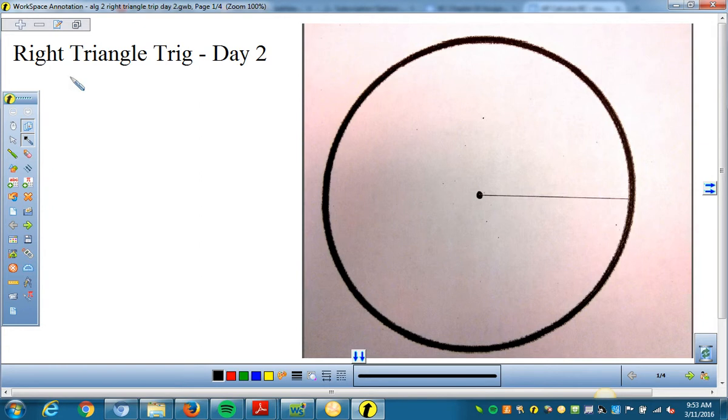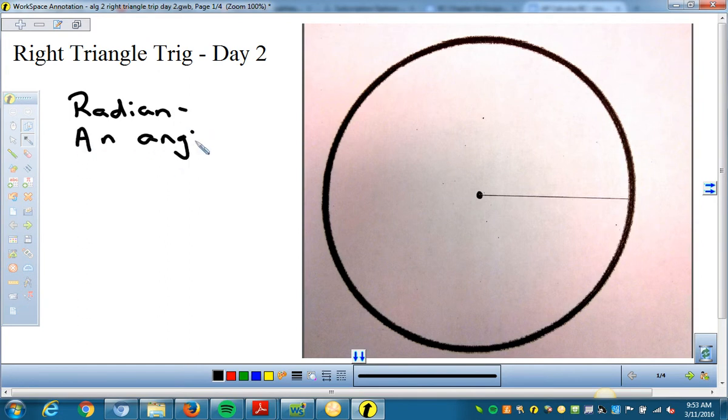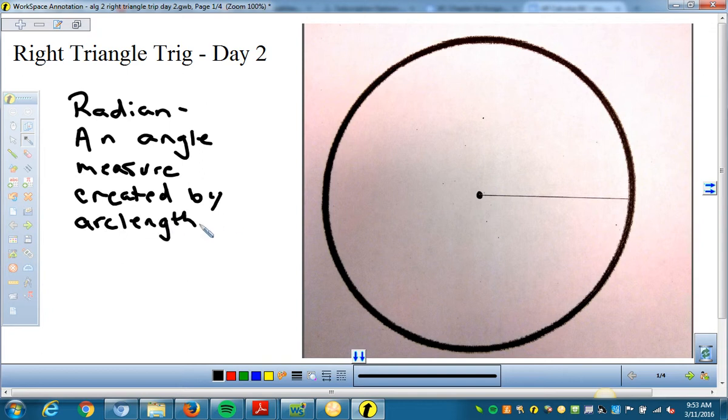A radian is an angle measure created by arc lengths that are equal to your radius.